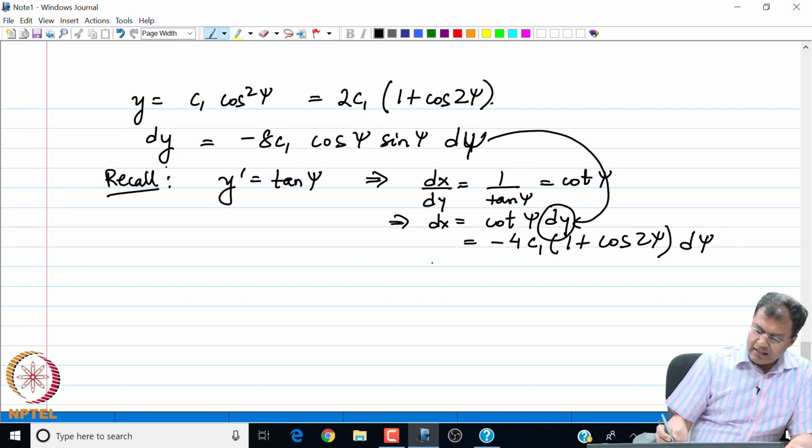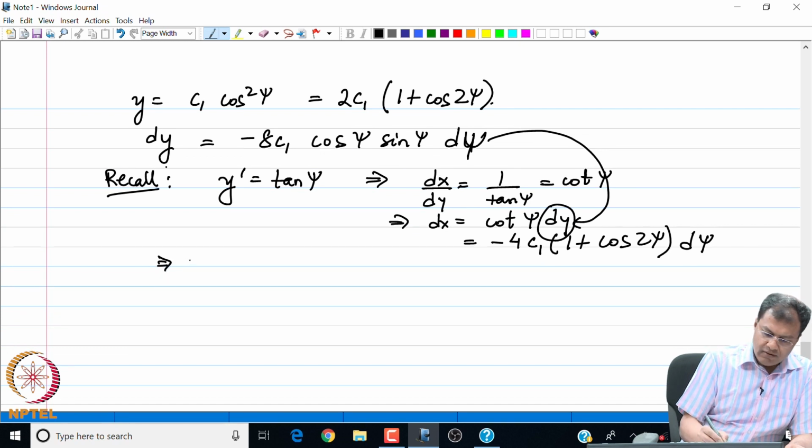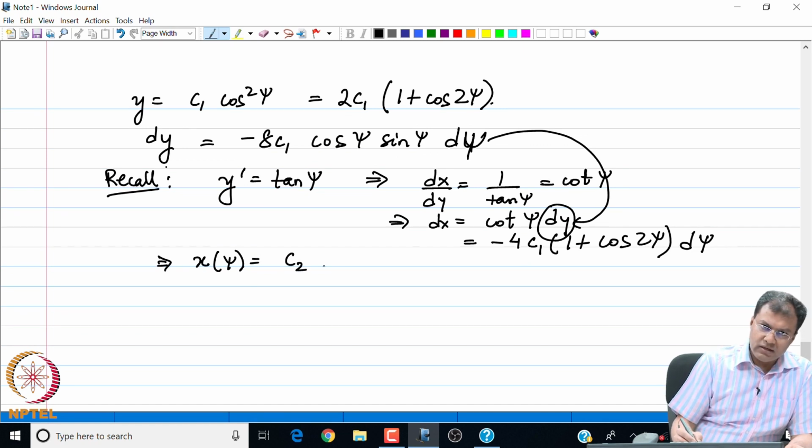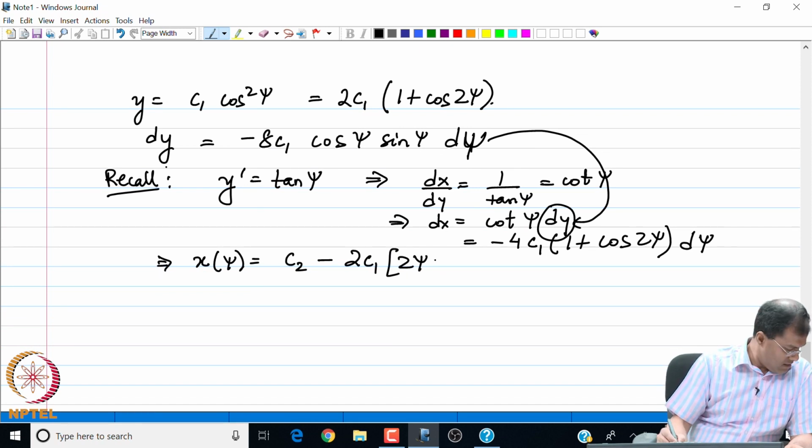And then the next step will involve integrating this expression with respect to psi, and we see that x of psi is another constant C2, which is a constant of integration, minus C1 over 2 times (2 psi plus sin 2 psi).